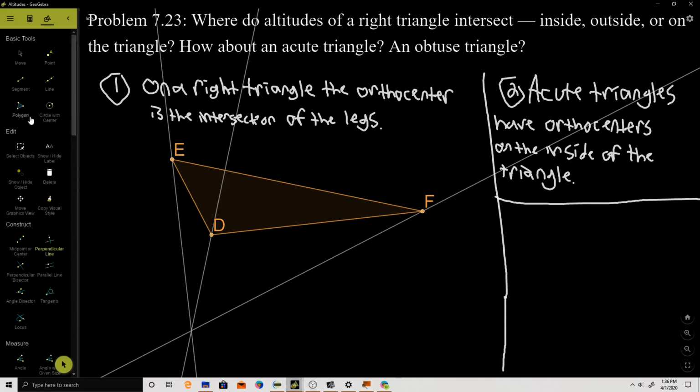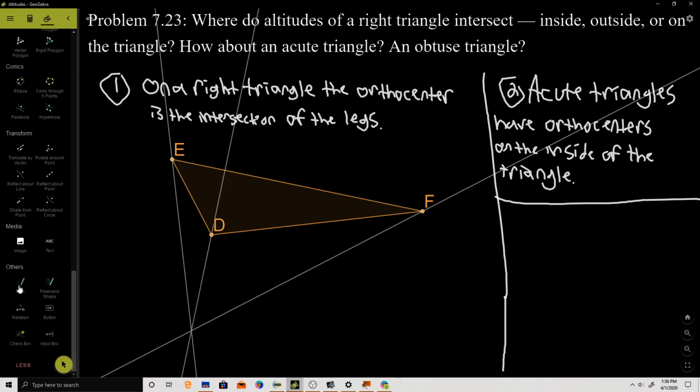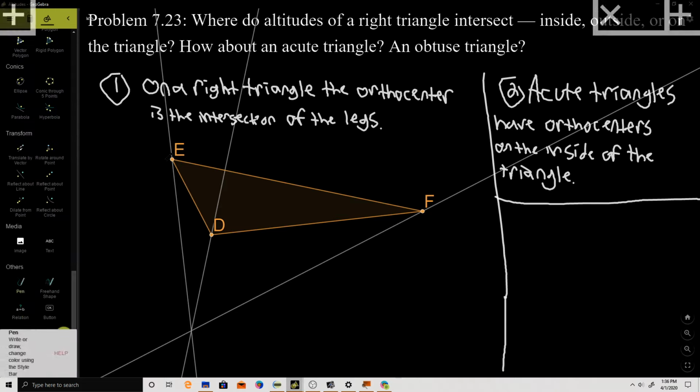And, wow. So, in this case, the altitudes, the one drawn from E to DF, D to EF, all those lines that form the altitudes meet at the orthocenter here. Now, that is outside of the triangle, which is a unique property.